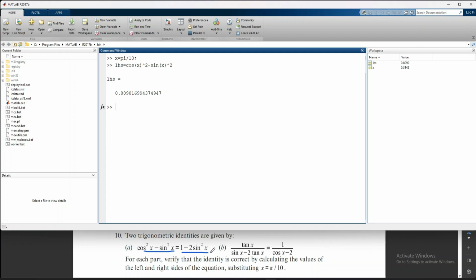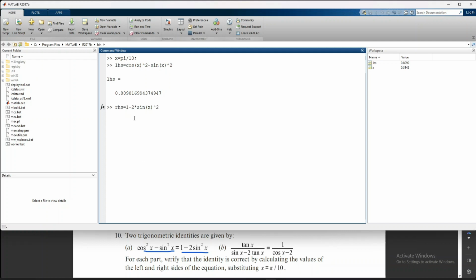Now we are going to solve the right hand side. For this I'm writing right hand side, and this is equal to 1 minus 2 sin square x. So 2 multiplied by sin x, squared.